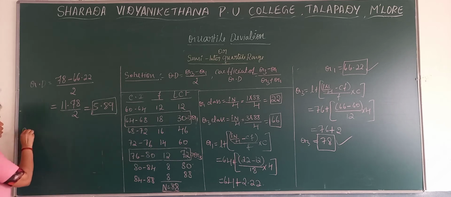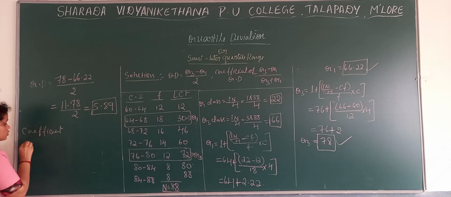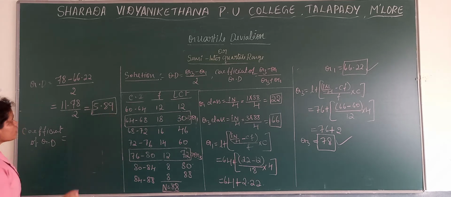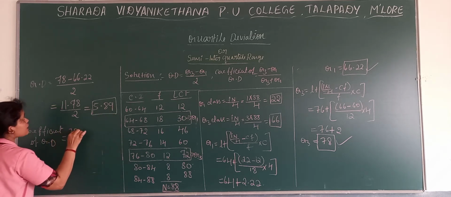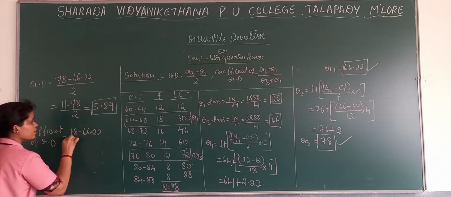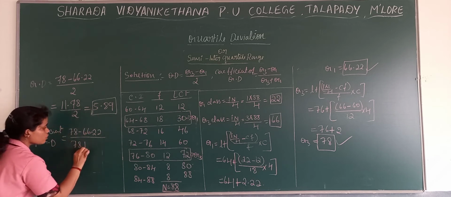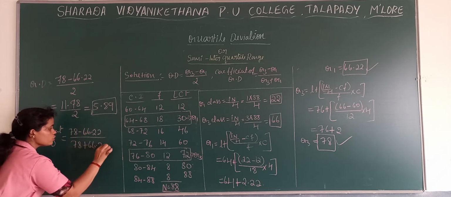Then find out the coefficient of quartile deviation. There you have Q3 minus Q1, same thing, 78 minus 66.22, then divided by Q3 plus Q1, same thing, you have to add 66.22.